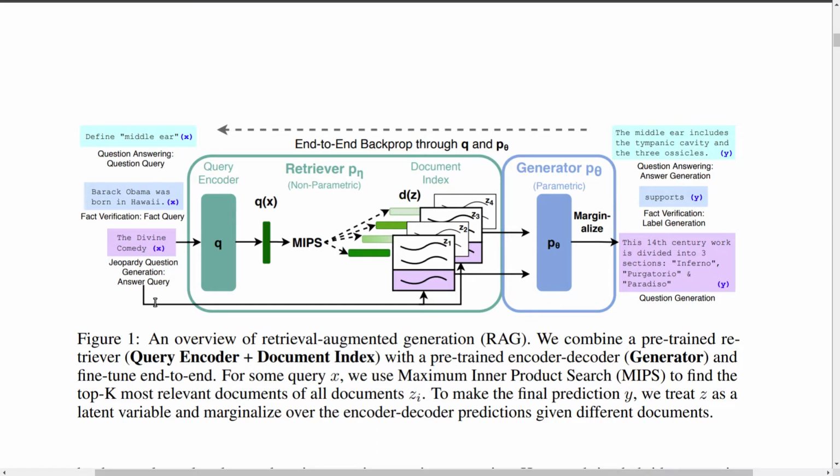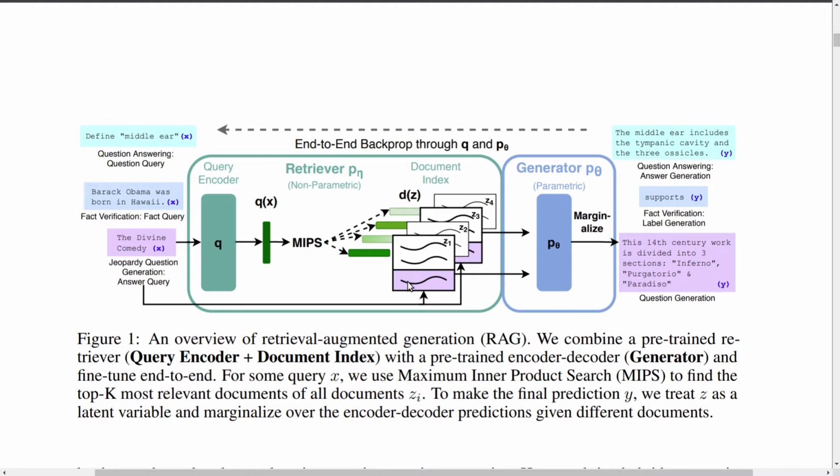So they have this BART model as a base, but they also have a special component, the retriever, which basically takes as input the input sequence. For example, this could be a question like "define what is middle ear." You take this as a query, and then you apply some retrieval model to find closest documents from a database such as all Wikipedia articles.